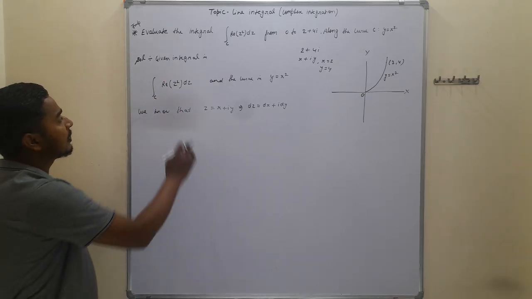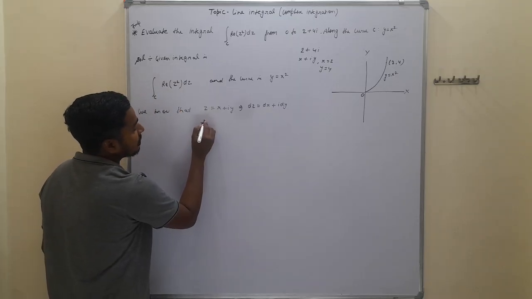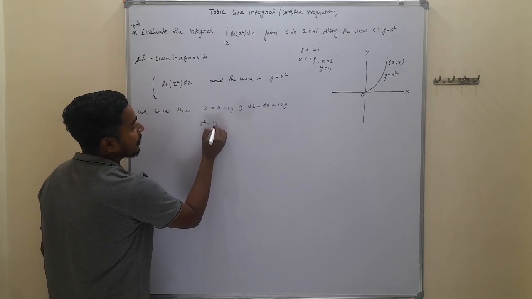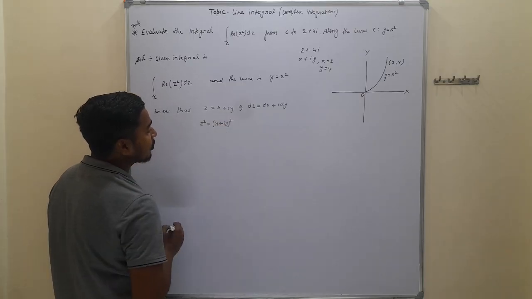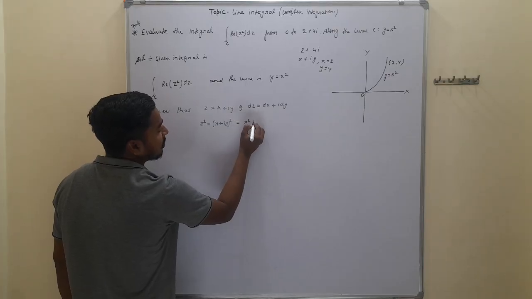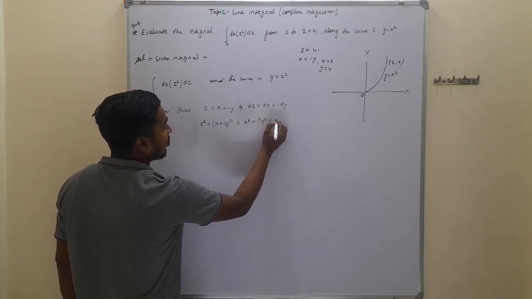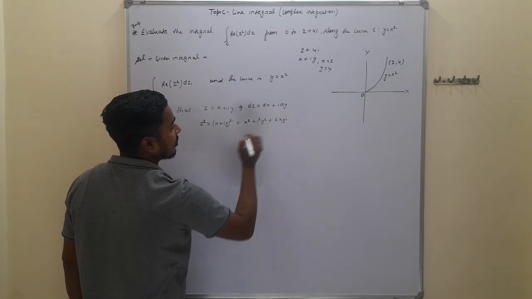We have to calculate the value of z square. From here we can write z square is equal to (x plus iy) whole square. We have to open this square. This gives x square plus i square y square plus 2xy into i.